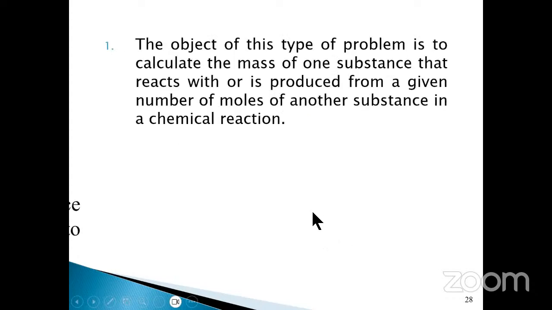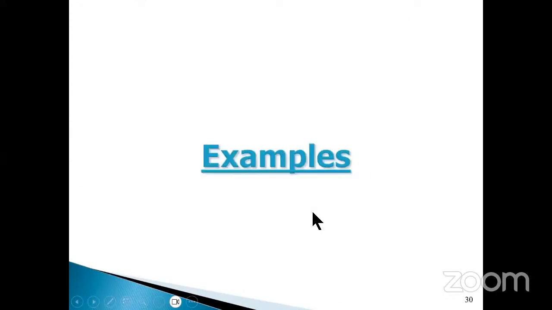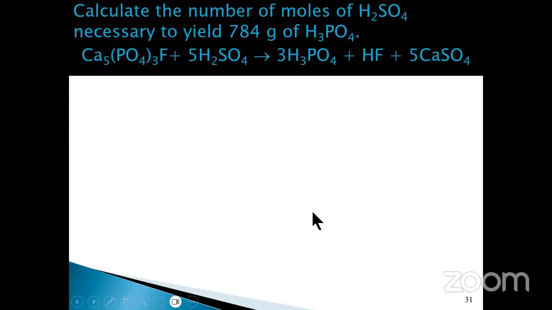So let me just skip all this and move straight to an example. In this case, it's the same equation as before, but this time they gave you 784 grams of H3PO4, and you're asked to determine the moles of H2SO4.